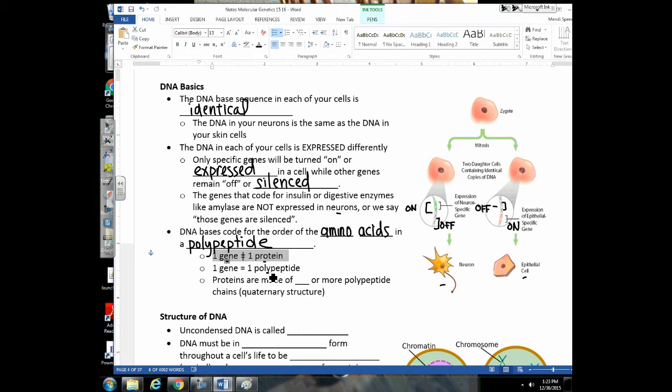So remember, proteins are usually made of two or more polypeptides. So to make most proteins in your body, it takes more than one gene. If a protein is made of four polypeptides, then four different genes are needed to code for that one protein. So I just wanted to indicate it's not one gene equals one protein, so I put a slash through there. It's one gene codes for one polypeptide.